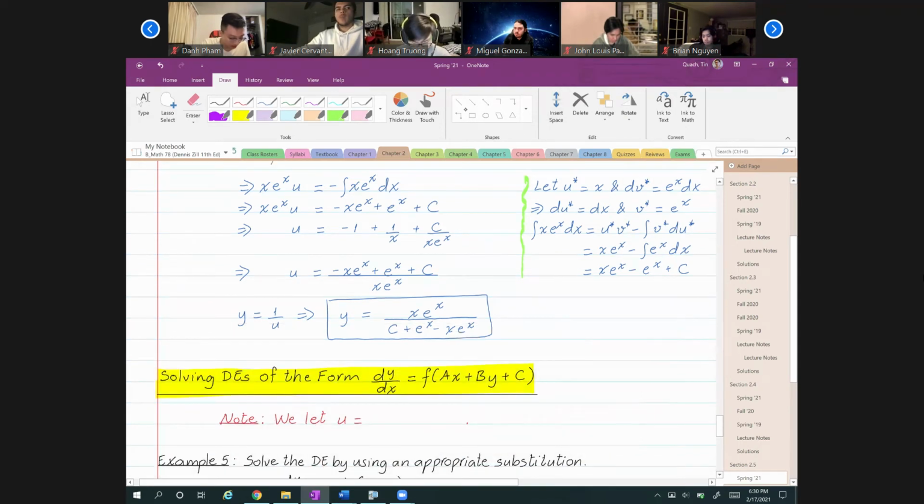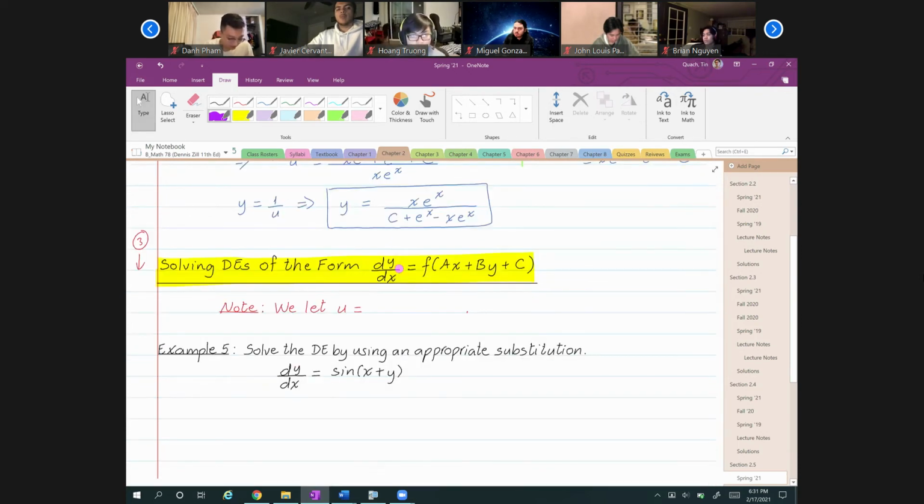So now you have dy dx equals a function in terms of this. Whatever you think the inner function is, so this is like a composite function, whatever the inner function is, you let u be that. So in this case, you would let u be ax plus by plus c, okay?